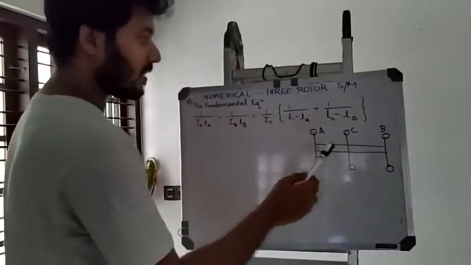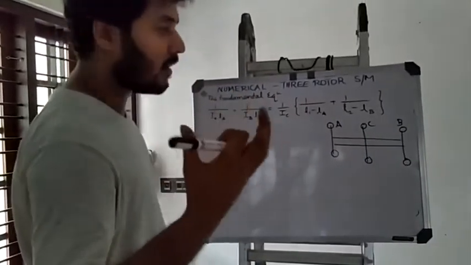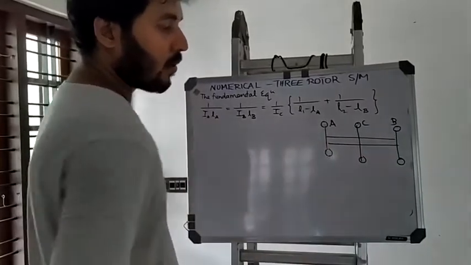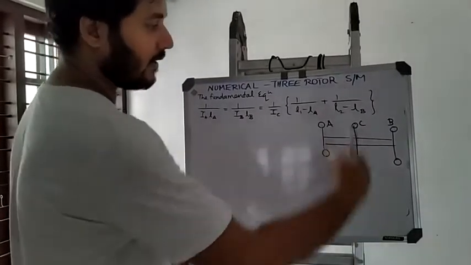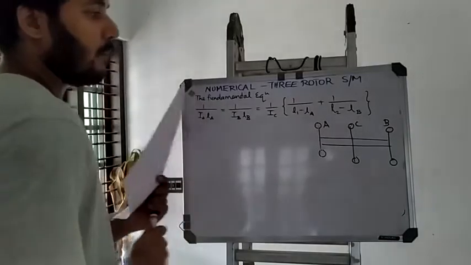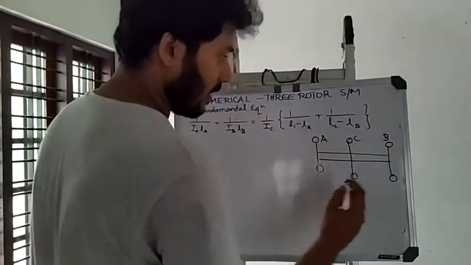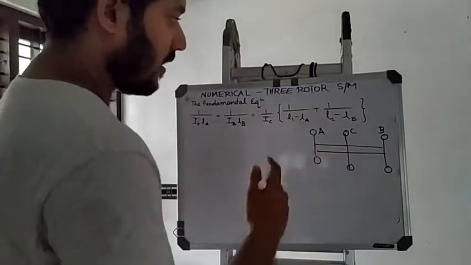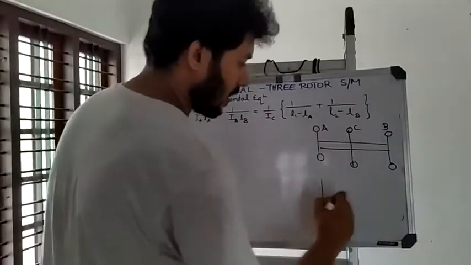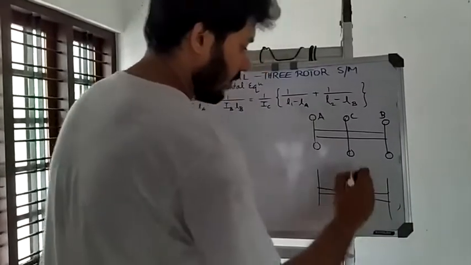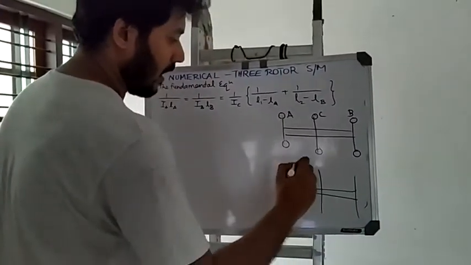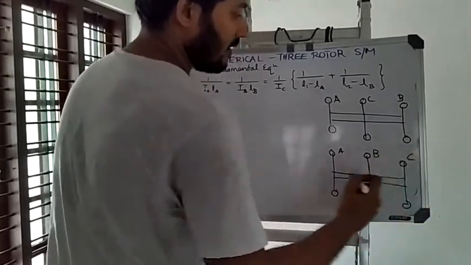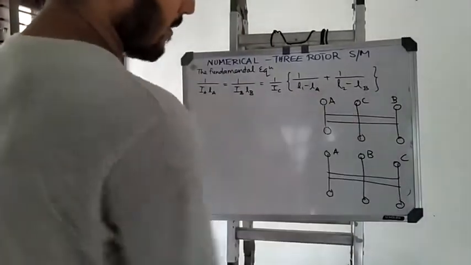Now, this is the equation related to modeling the three rotor system in this manner, that means A and B are the rotors at the two extreme ends and C is the rotor in between. But initially we modeled the shaft with A and C at the two extremes and B in the middle.